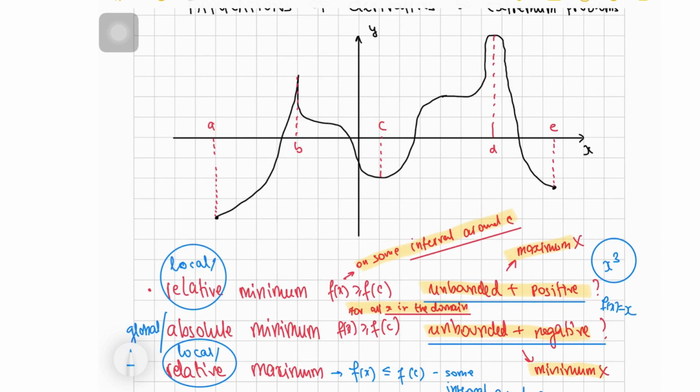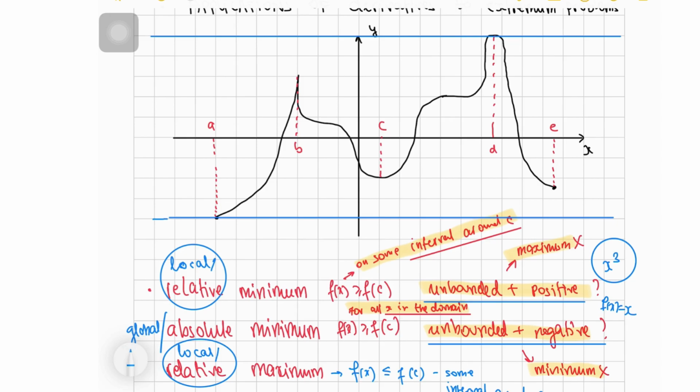We can see that A here, looking from the graph, if you put a strip here, you can see that all values are within this blue strip that I just introduced.